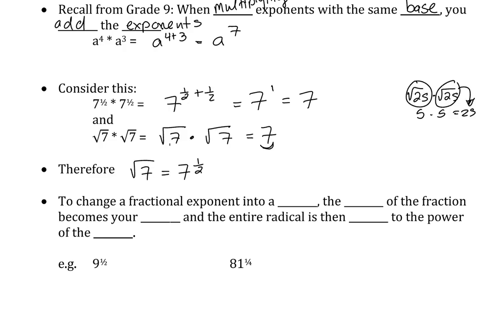So we can express this in 2 different ways. We can either have the square root of something, or we can have a fractional exponent.